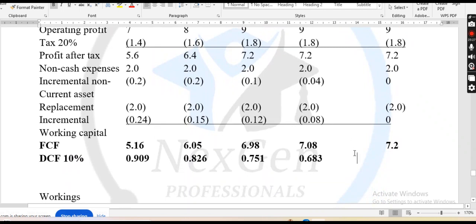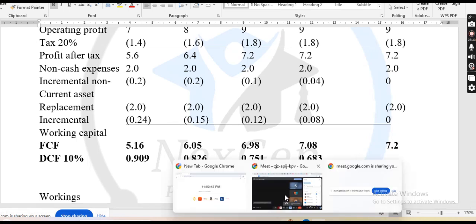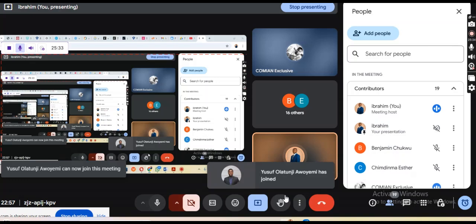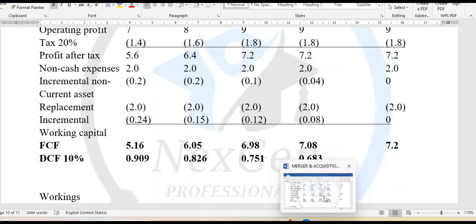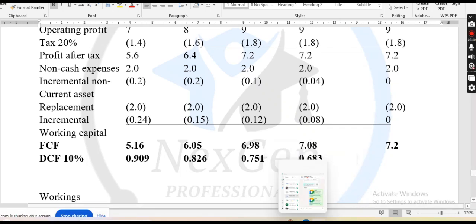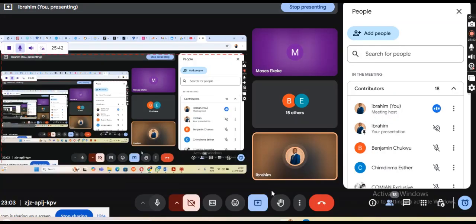Since we're not able to get this part, I will not be able to continue the class. It would have been good for us to complete this question, but that's fine. It is part of the challenge. Let's go and check it together.